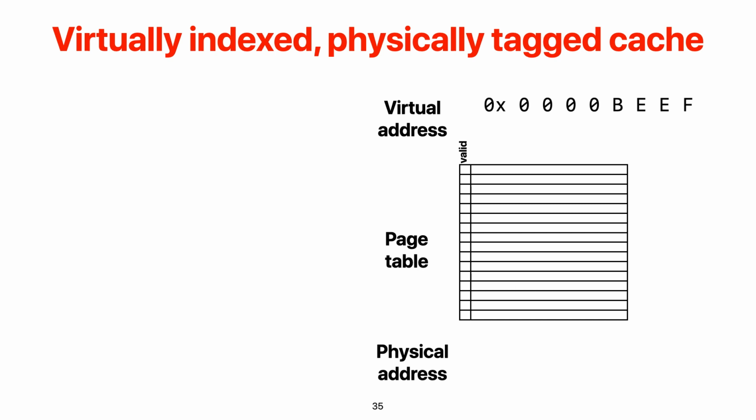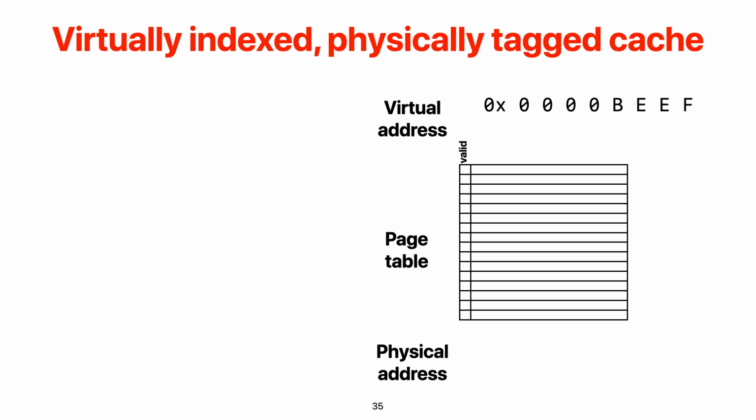In the meantime, we use the TLB to find out the physical address of the requested data. And at the end of the lookup, we compare the tag from the physical address associated with your block to see if it's a hit or miss.